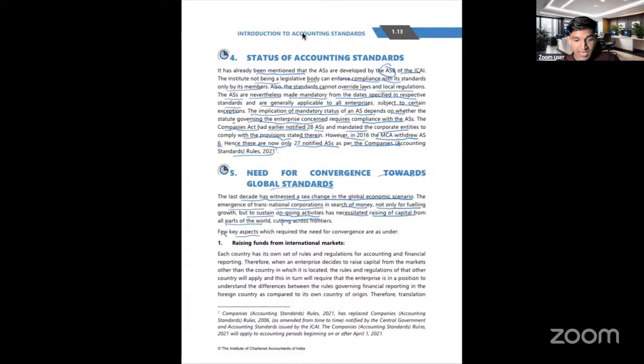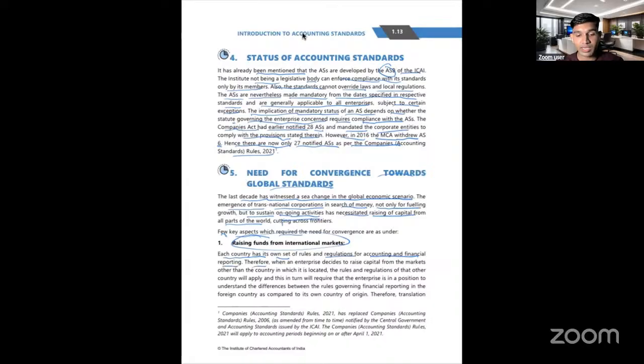A few key aspects which require convergence are as under. Raising funds from international corporations: each country has its own set of rules and regulations for accounting and financial reporting.